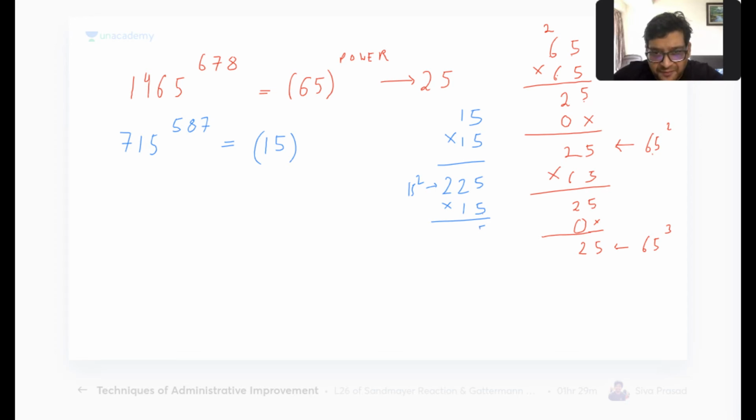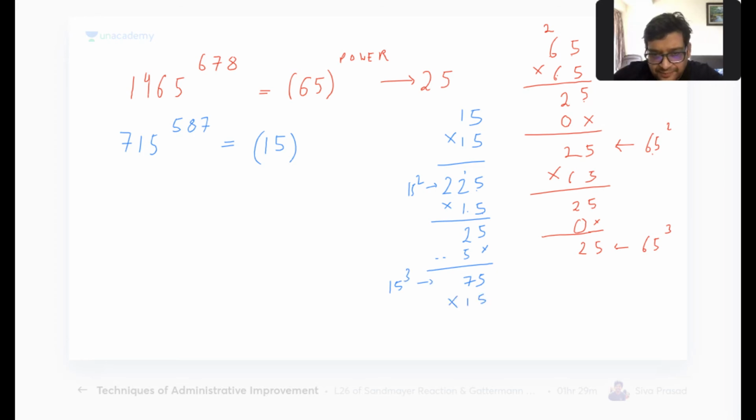So 5 into 5 is 5, carryover of 1. So this is 125. So the last two digits are 25. Cross here, 1 into 5 is 5. There will be something before it, but I don't care. I am only bothered with the last two digits. So 15 cube ends in 75.